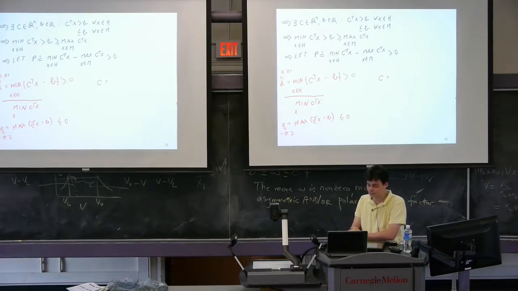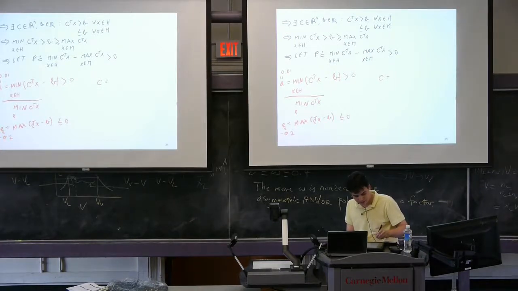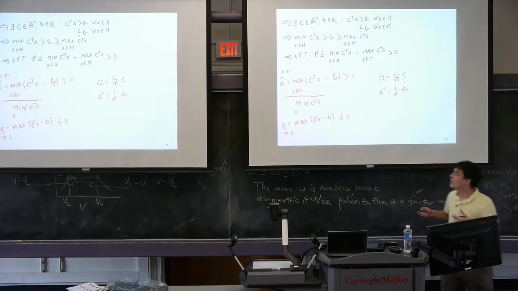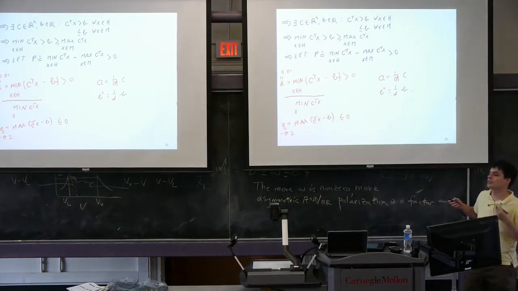That's the hyperplane you want to construct. So your new A would be 1 over D times C, right? And your new B would be 1 over D times the old B. Right? So in this case, why I'm saying it's not simpler than the previous one.